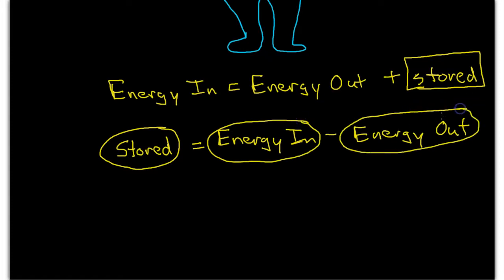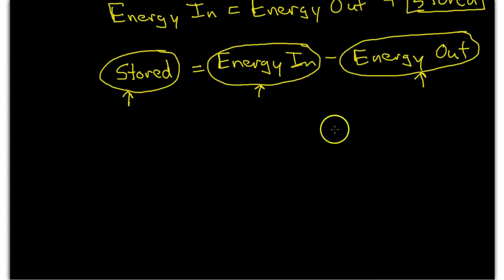Basically, what this is saying is the amount of fat that we have in our body is a consequence of the difference between energy that we take in and energy that we remove. We remove it in various ways, and we're going to talk about that in a few minutes. Now, a lot of people make the assumption that we have conscious control over all aspects of the energy we take in and the energy that we use.